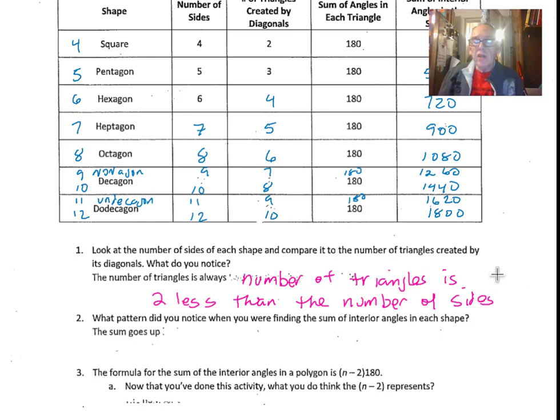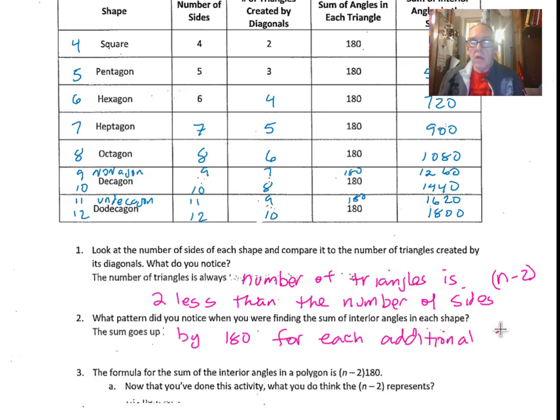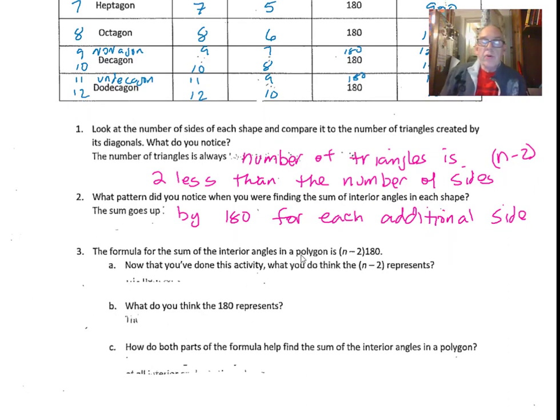So if sides is n, we have n minus 2 for the number of triangles that are formed. What pattern did you notice when you're finding the sum of interior angles in each shape? The sum goes up by 180 for each additional side. The formula for the sum of the interior angles in a polygon is n minus 2 times 180.